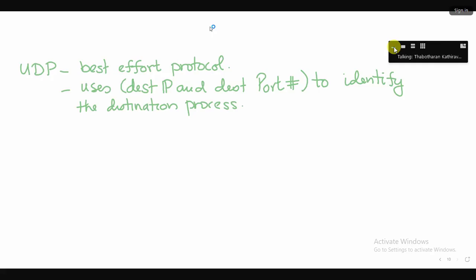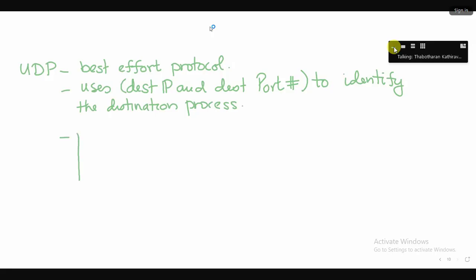And because of this, multiple sockets arriving from multiple hosts could be delivered to the same destination process. That is also one thing that we have heard about.